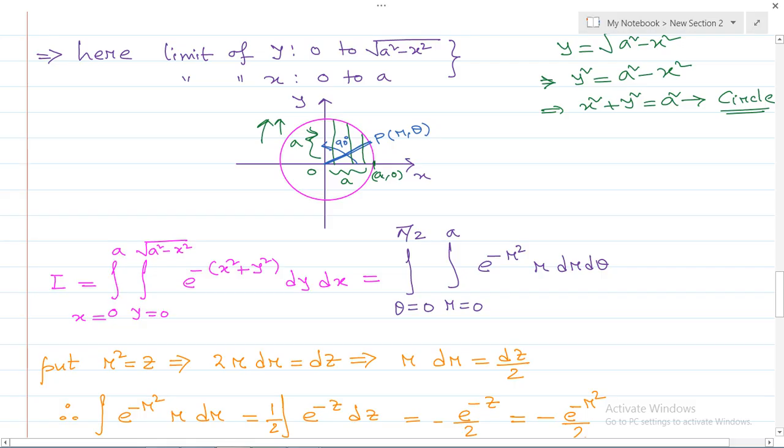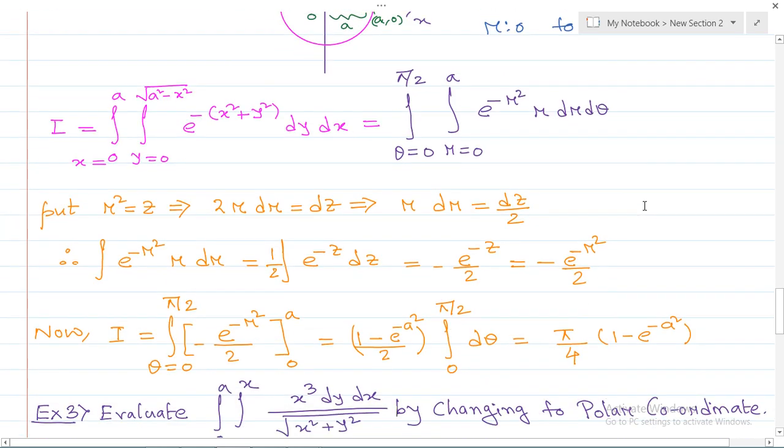This portion is the only one we can see in the positive side of the x and y plane. And how to measure r? r is also constant because this is the radius of the circle. The radius will be fixed, so it will be 0 to a. So the limits are becoming very easy. Theta goes from 0 to pi by 2 to obtain the shaded portion, and r goes from 0 to a.